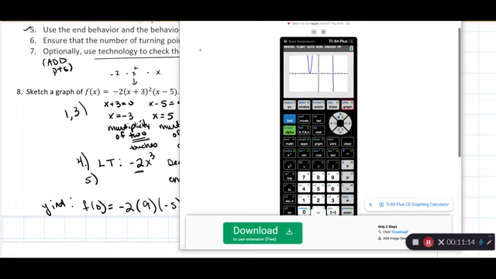Graph it. Our graph looks pretty much like that. Let me see if I can get this to fit. Let's do window instead. Y max. There we go. Oh, it went way up there past the 90, didn't it? All right, I like my graph.